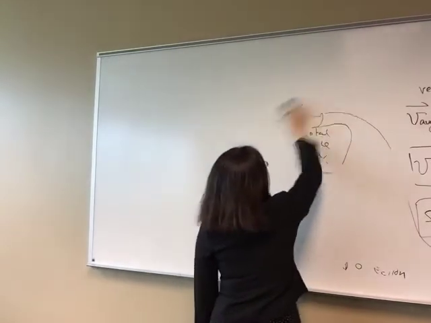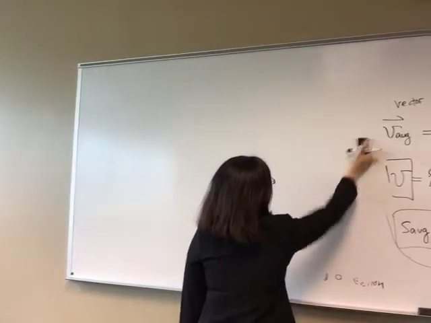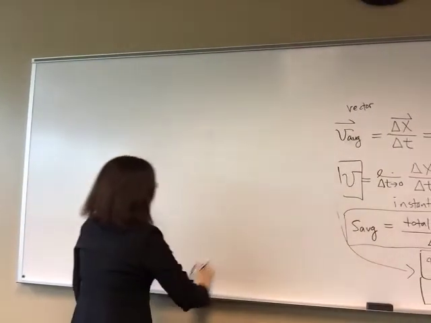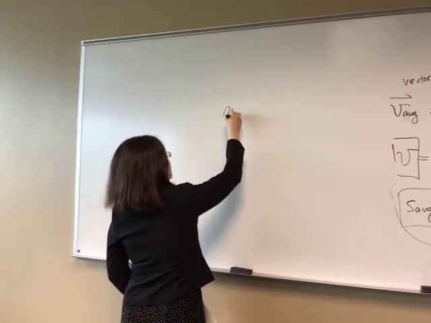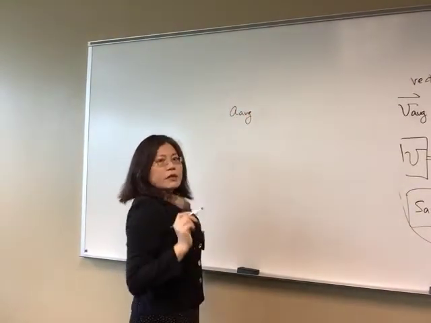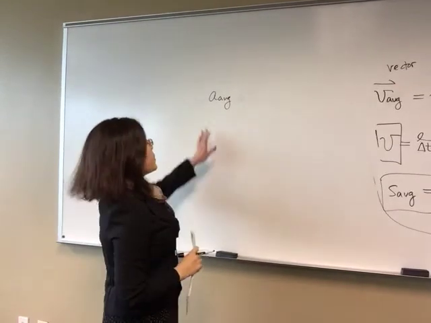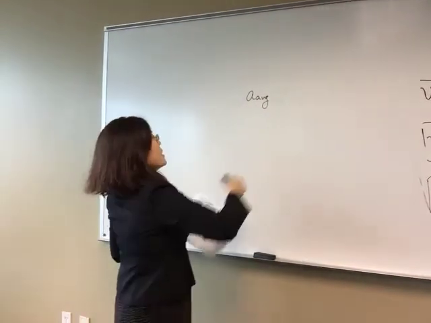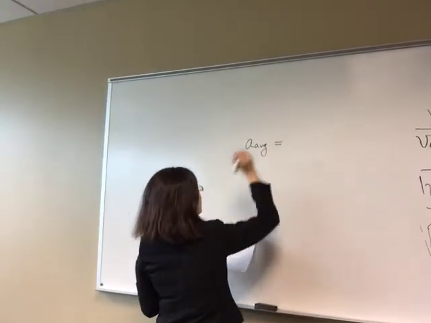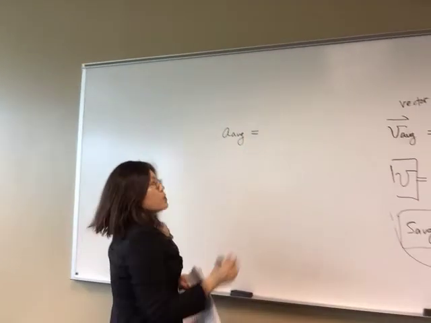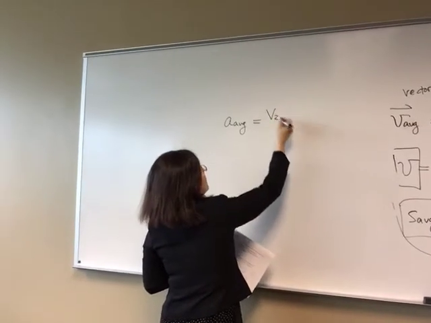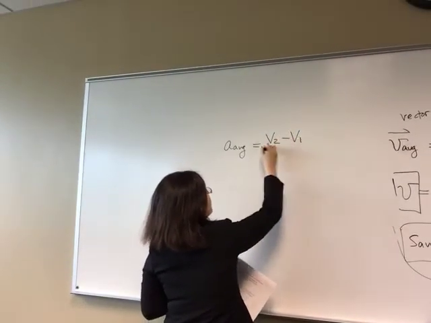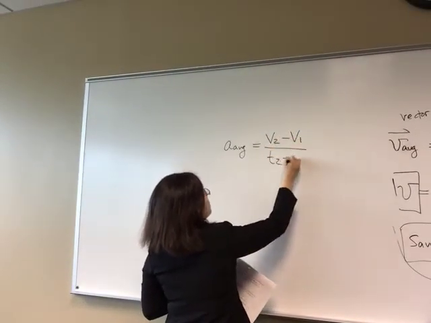Instead of taking the difference between the two position vectors, your average acceleration is defined as this. Acceleration is also a vector, but because we're dealing with a one-dimensional case, I'm not going to draw the vectors. So the average acceleration is equal to the final velocity minus the initial velocity over t2 minus t1.